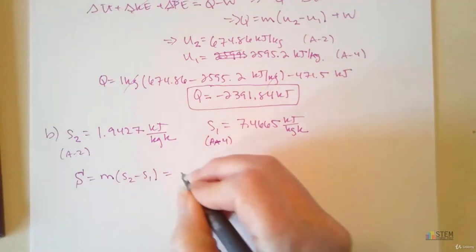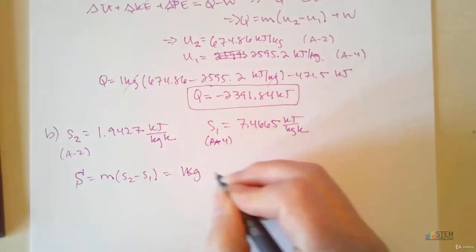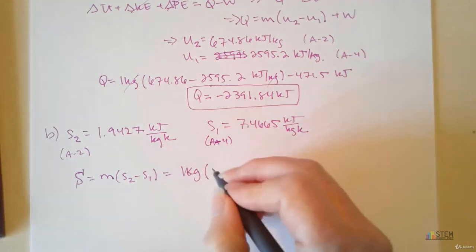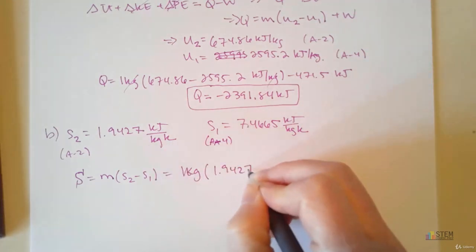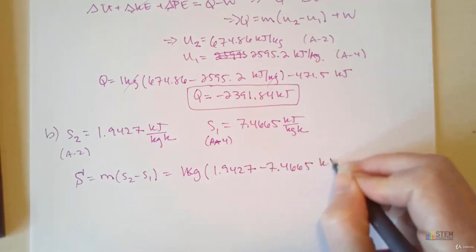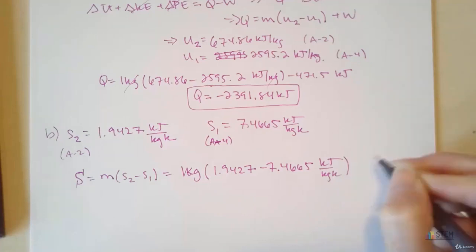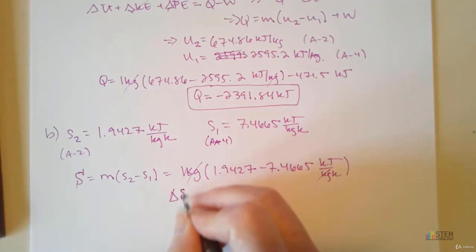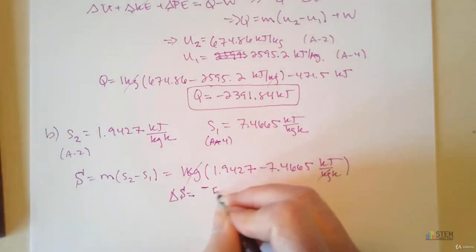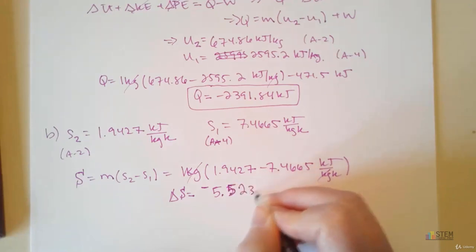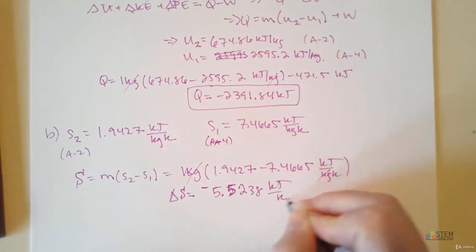Our mass was 1 kilogram, so essentially you just have 1 times the difference of these two. So subtract those two numbers. Make sure you include your units. Notice the kilograms goes away. That's going to leave us with a change in entropy of negative 5.5238 kilojoules per kilogram.